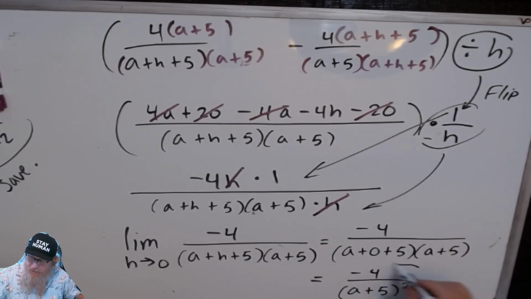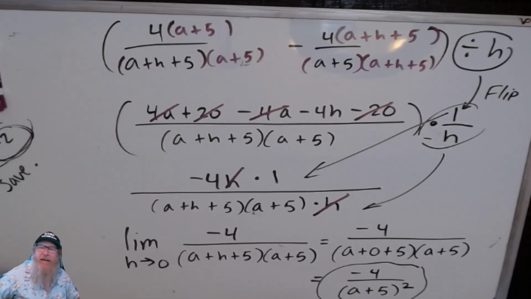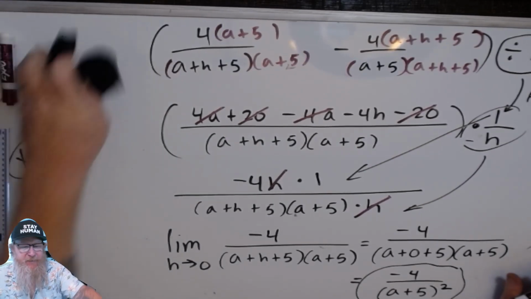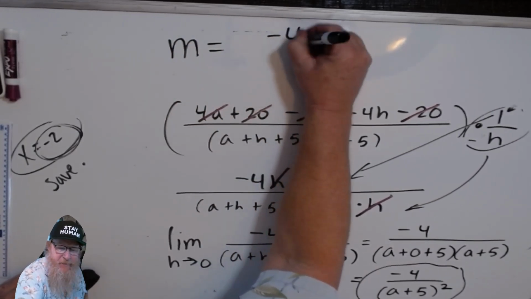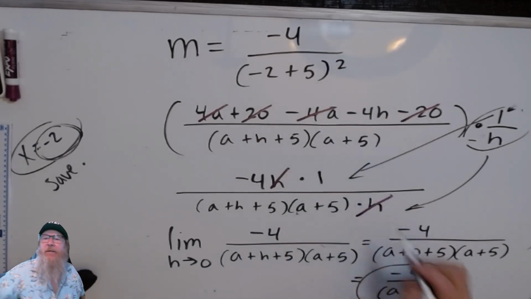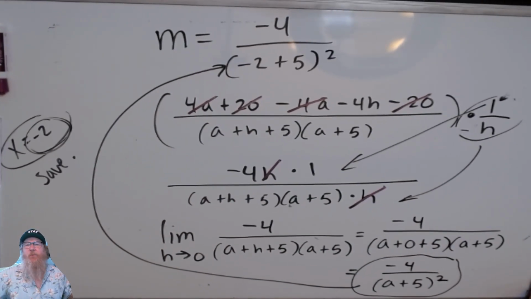So there's my slope. Now remember what a was. A was negative 2. That's over here to the side. I was saving that. So we're going to plug in negative 2 right here where the a is, or x.